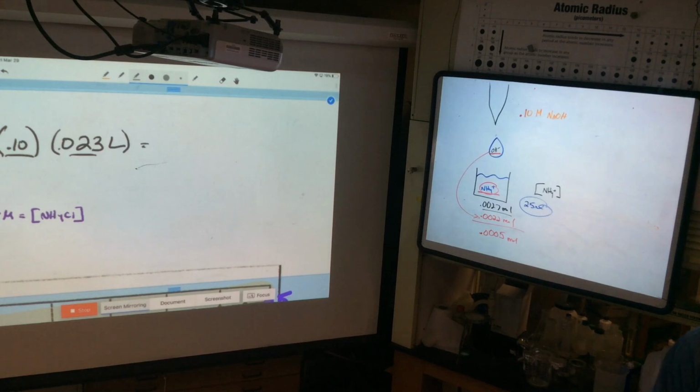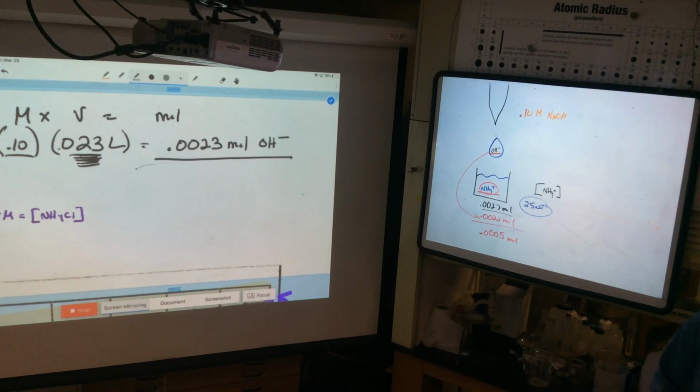I've added 0.023 liters extra. How many moles extra into water? So party people, you multiply by 0.1. Molarity times volume gives you moles for the millionth time. It's a fast way here. So 0.0023 moles of hydroxide added.